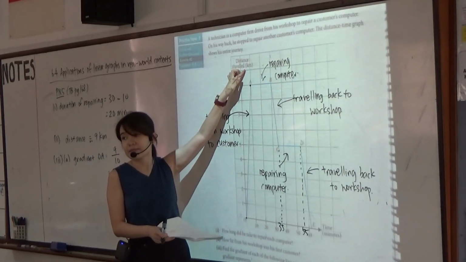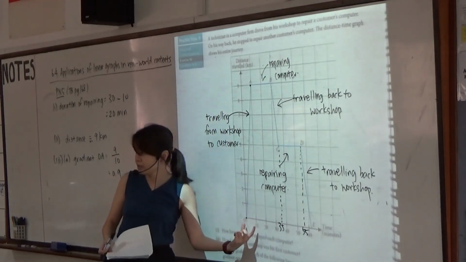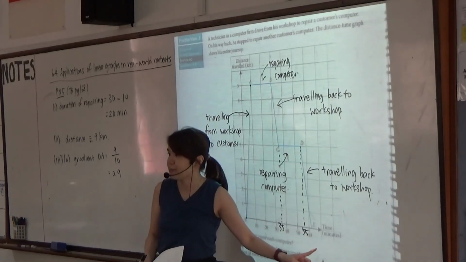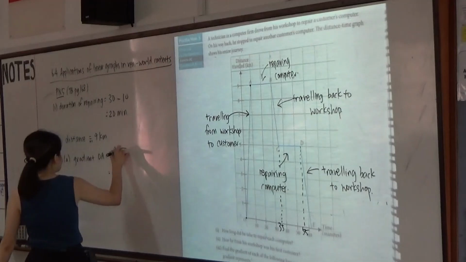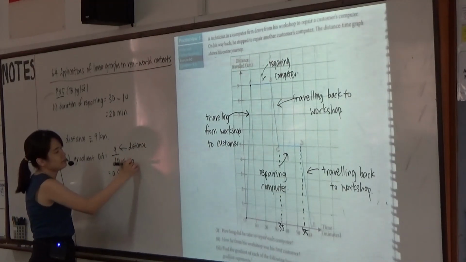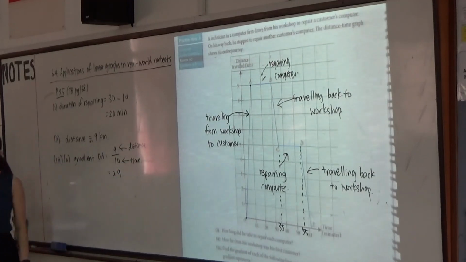It is a distance. And the run is 10, which is 10 minutes, and that's the time. We are taking distance in the rise and time in the denominator for the run.